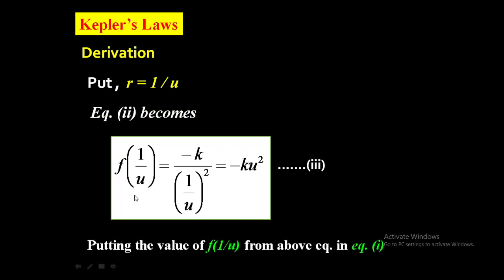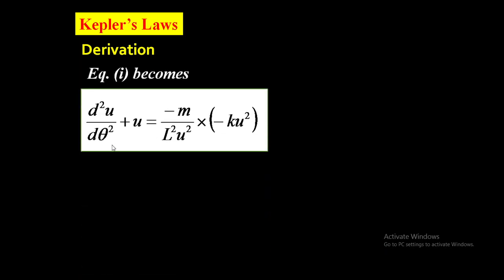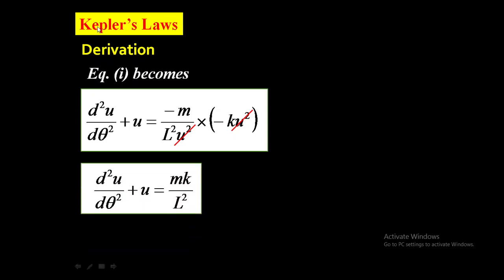So equation number 1 becomes d2u by d theta square plus u is equal to minus m upon l square u square times f of 1 by u, which is minus k u square from equation number 3. After solving, u square gets cancelled, and we get d2u by d theta square plus u is equal to plus mk upon l square.